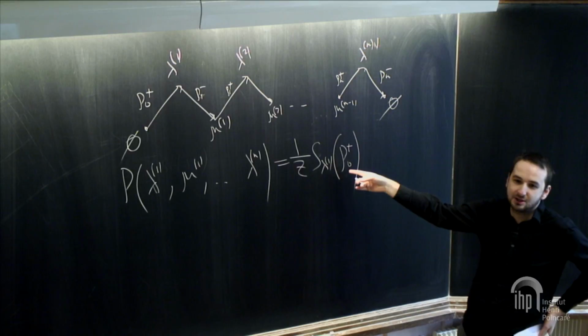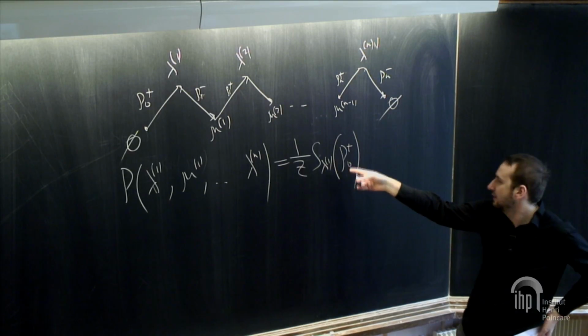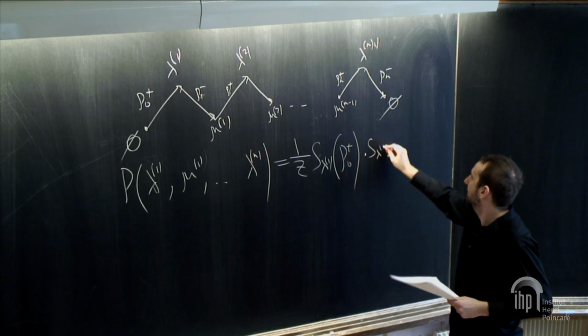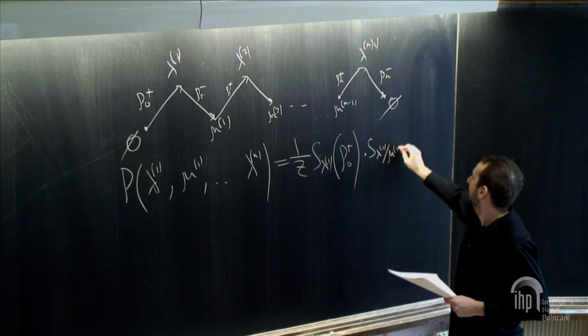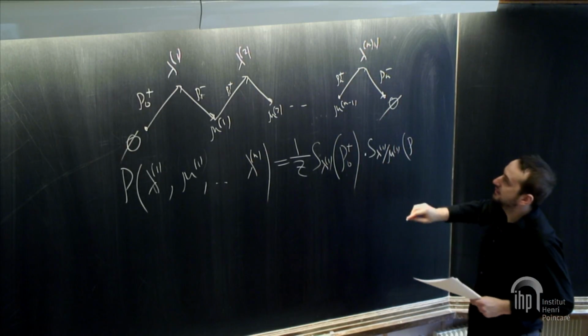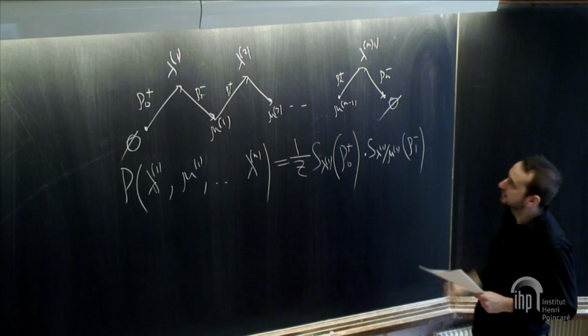The specialization is just a homomorphism into numbers, so you get a number in the end. Then you multiply by the Schur function lambda 1 over mu 1, with the second specialization, rho 1 minus.